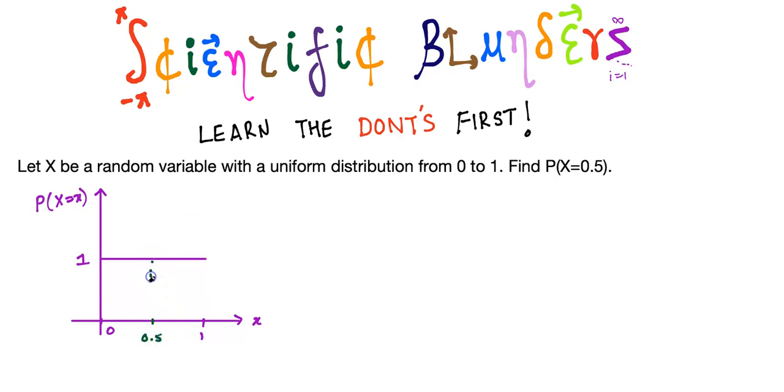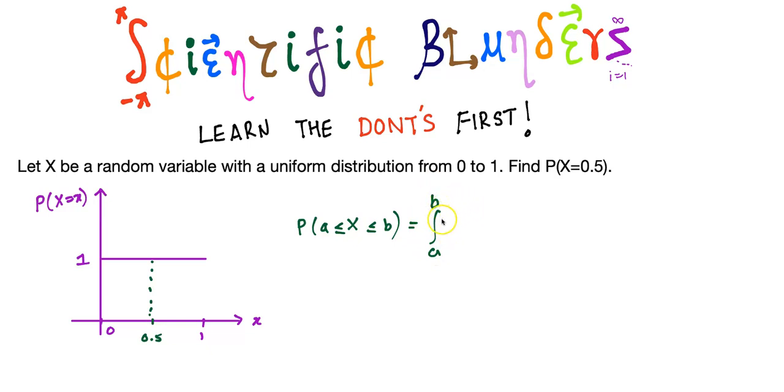Right, so what is the probability that x takes the value 0.5? Right, so in general, for a continuous distribution, we know that the probability that x takes a range of values between a and b is equal to the integral of the curve between those 2 points.